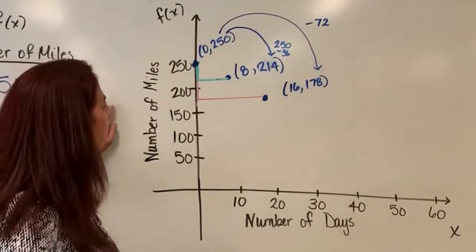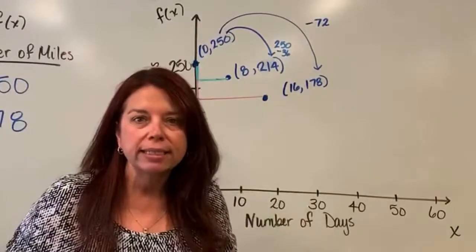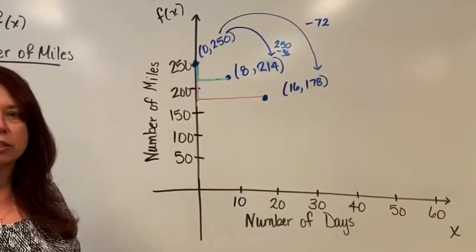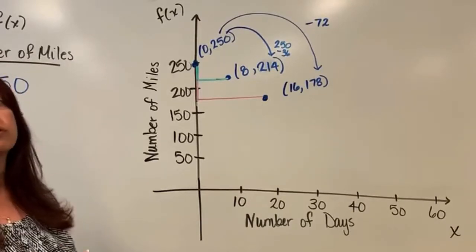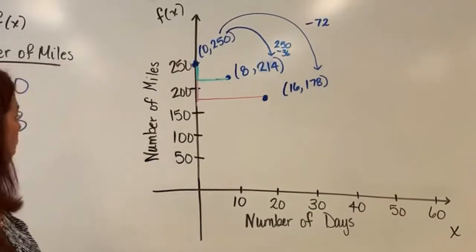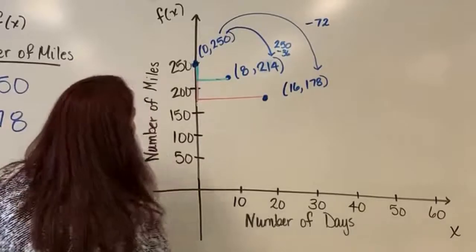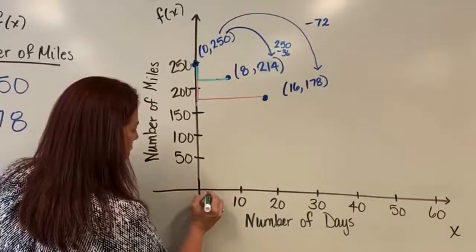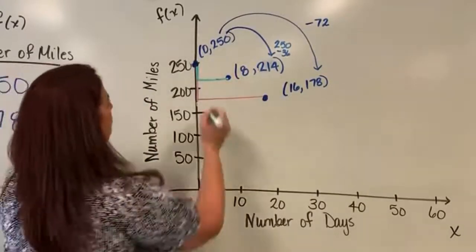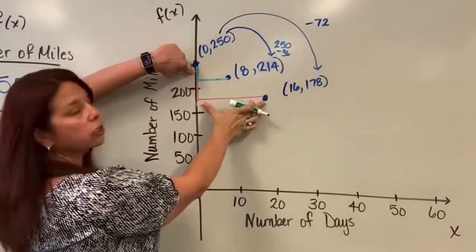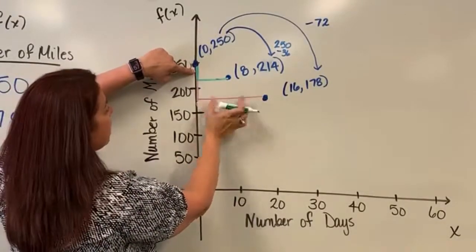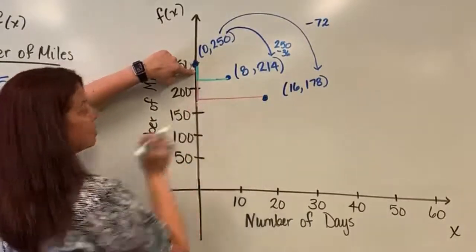Now you might be thinking, what if we don't want to wait 8 days to figure out how many miles are left in my Model 3? What if I only want to know how many miles are left after just 1 day? If 1 day elapses, going back to my original to compare, instead of 16 days, I only want one of those 16 days.